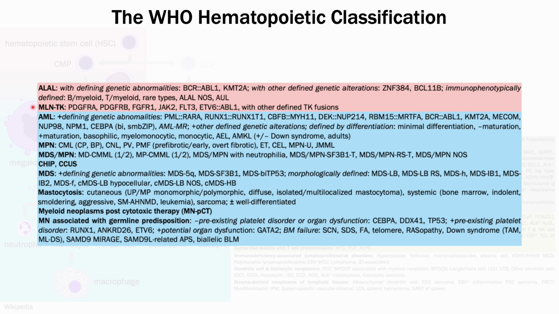The two categories I didn't cover were clonal hematopoiesis of indeterminate potential and clonal cytopenia of uncertain significance, which are precursors to myelodysplastic neoplasms. And then acute leukemias of ambiguous lineage are leukemias that are either undifferentiated or differentiating in two different directions.